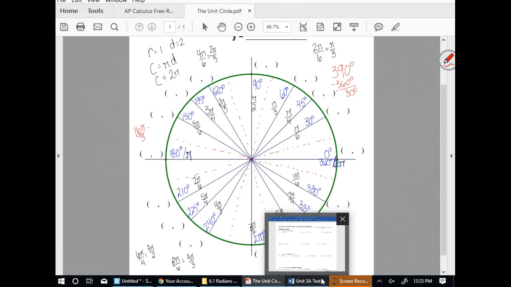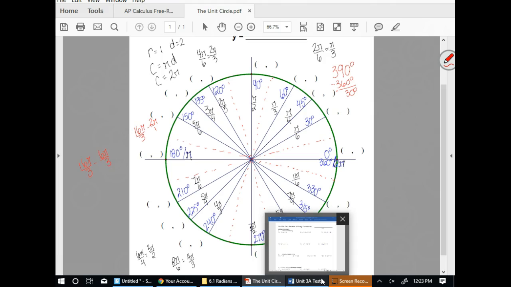So I could subtract 2 pi from this. I can't do it like it is because they do not have the same common denominator. So I would have to do, right over here, 16 pi over 3 minus 6 pi over 3. I'd have to multiply the top and bottom by 3 to get a common denominator.